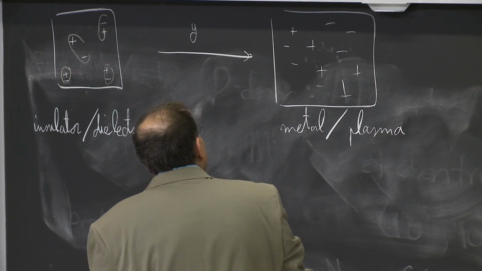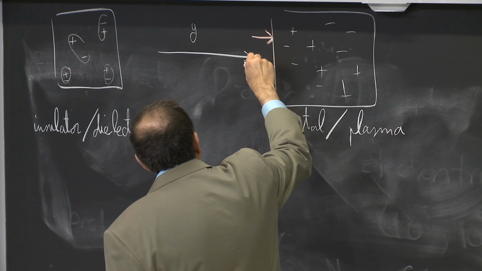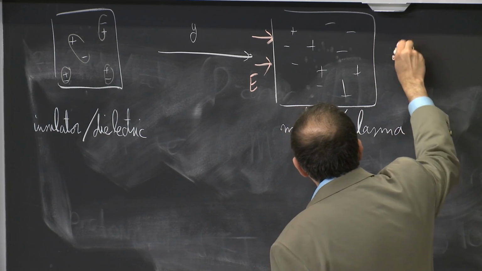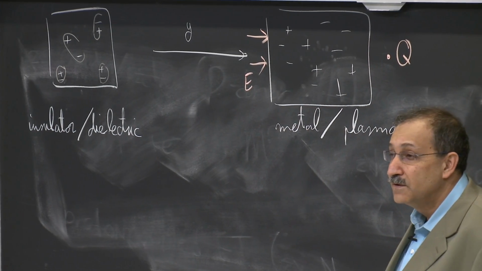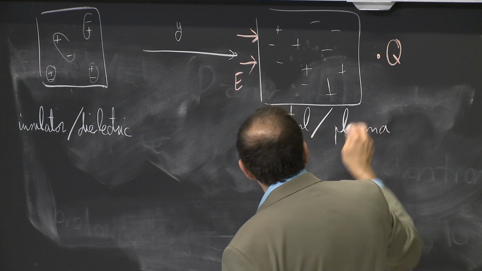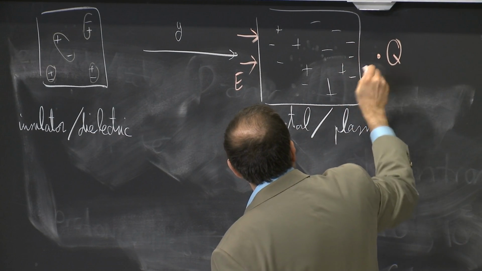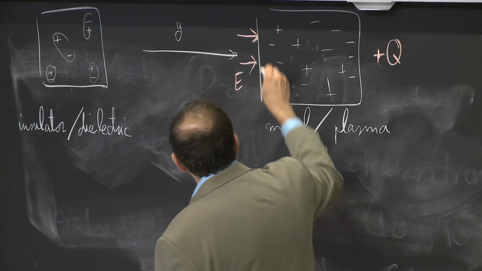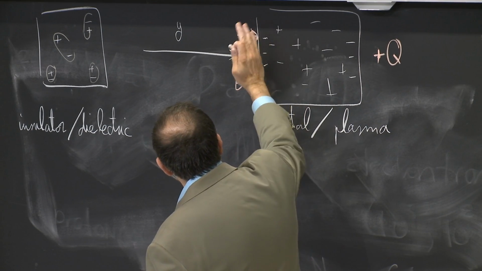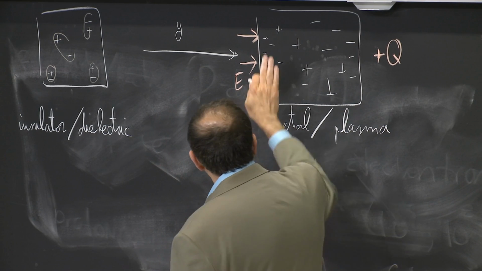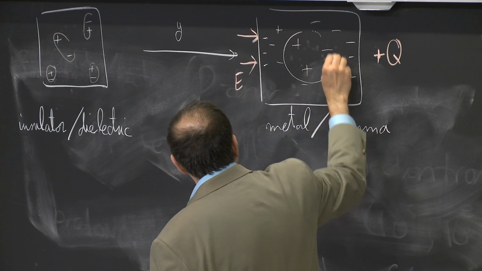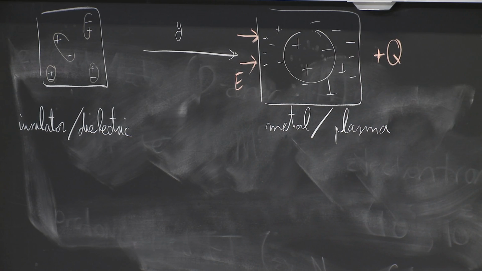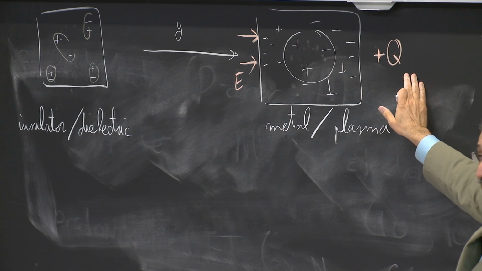Well, here, if I bring in an external electric field, or maybe if I put a huge charge, what is going to happen is that opposite charges will accumulate, so that once you go inside, the fact that you have an external electric field or a charge is completely screened.